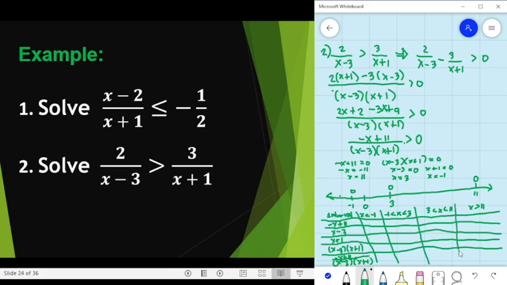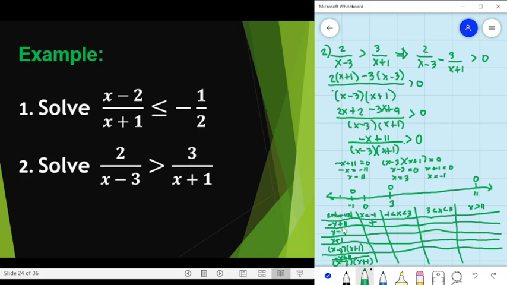Okay, we will test a value less than negative 1, which is negative 2. So replace x with negative 2 here. Negative of negative 2 is positive 2, plus 11 is 13. So it is positive. That means all the values here will be positive when substituted.